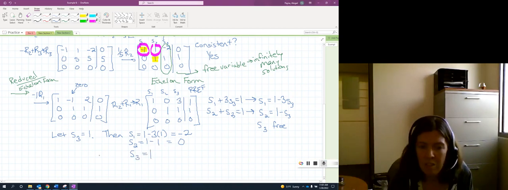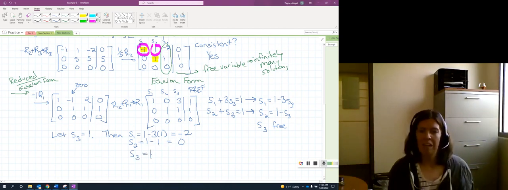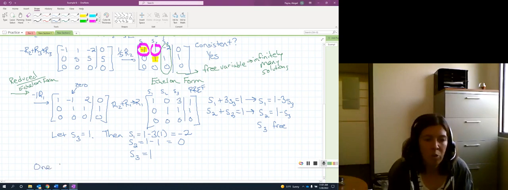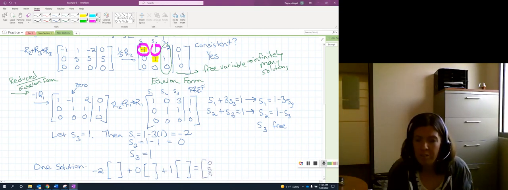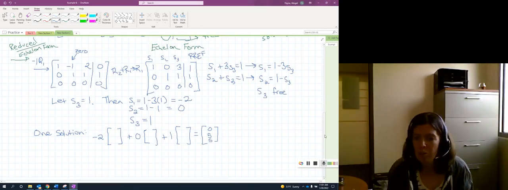And S3, like I said before, I'm letting equal 1. So one possible solution out of the infinitely many is S1 is negative 2 times the first vector, plus S2 is 0 times the second vector, plus 1 times the third vector, and that should generate that vector 0, 5, 5.